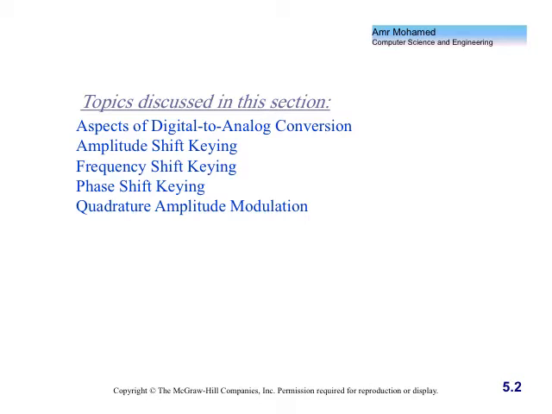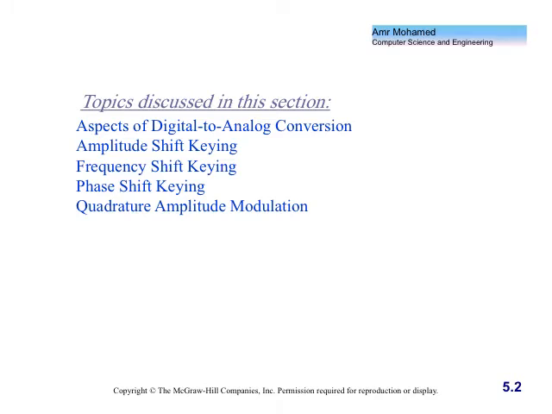The first one, amplitude shift keying, tries to change the amplitude of the sine wave based on the digital data. The second one tries to change the frequency of the sine wave based on the digital data. The third one tries to create some kind of change in the phase of the sine wave based on the digital data.